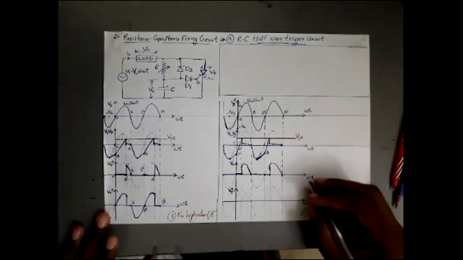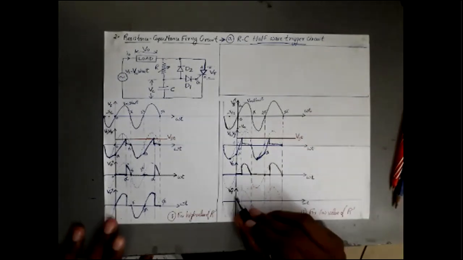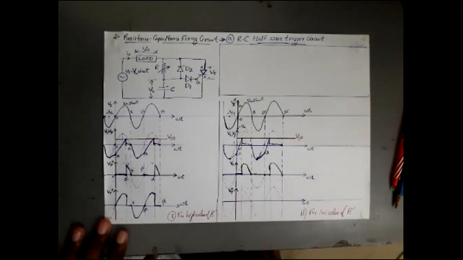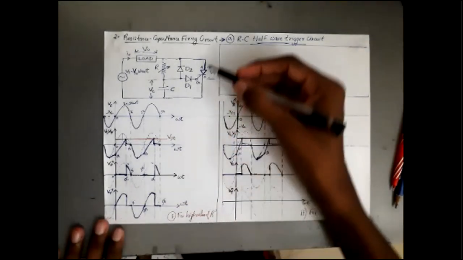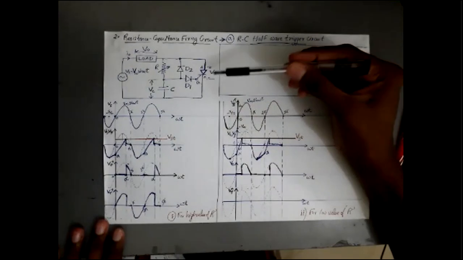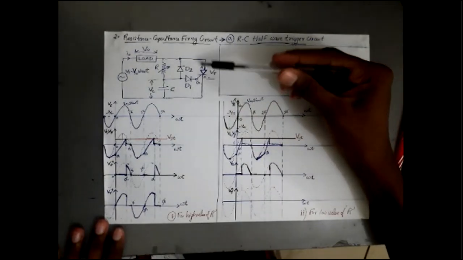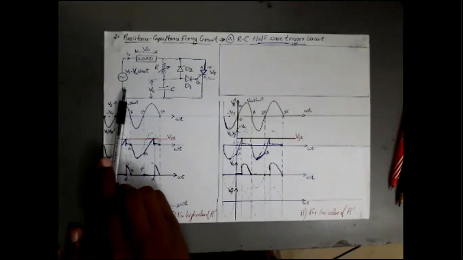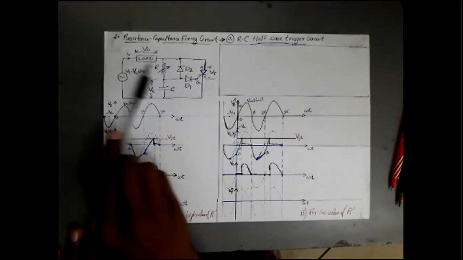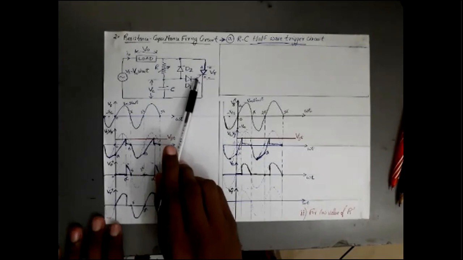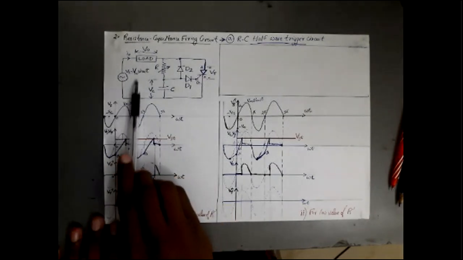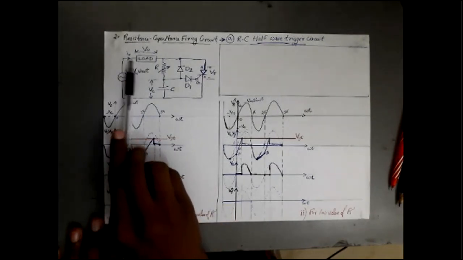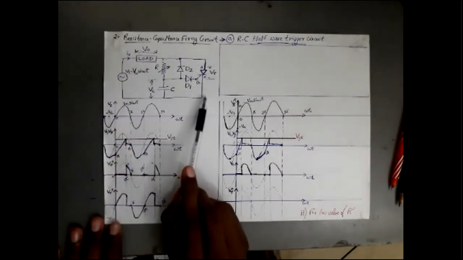Now again let us have a look at the thyristor voltage, that is Vt. Until my thyristor is triggered, whatever voltage is applied to my circuit will come across my thyristor. Vt will be equal to Vs because I naught will be 0 or V naught will be 0 until my thyristor is triggered.